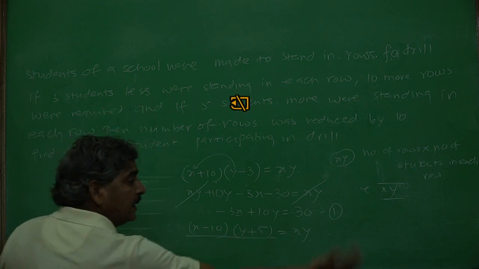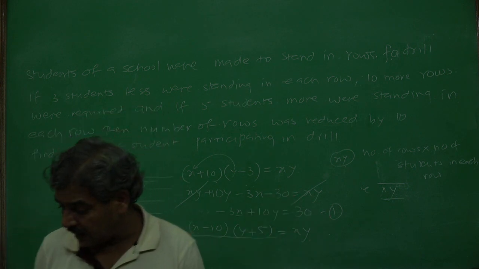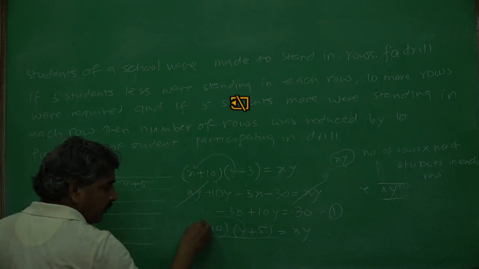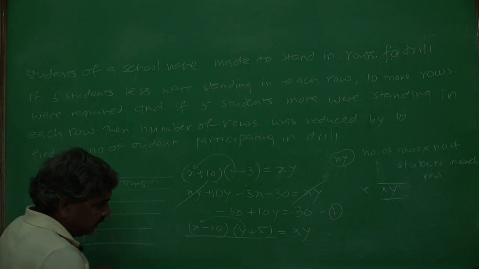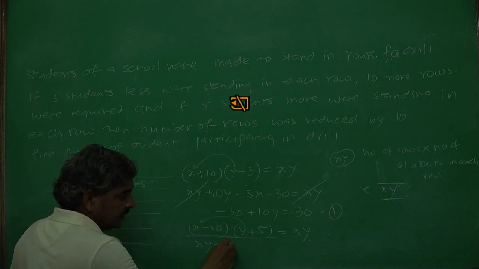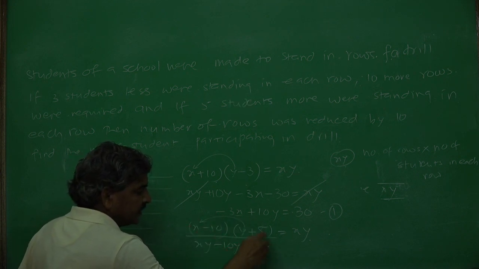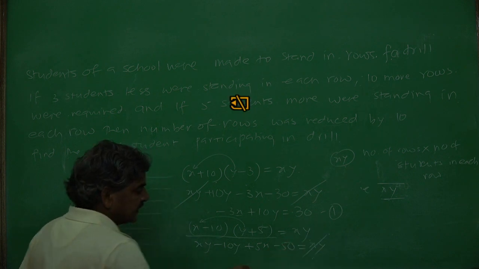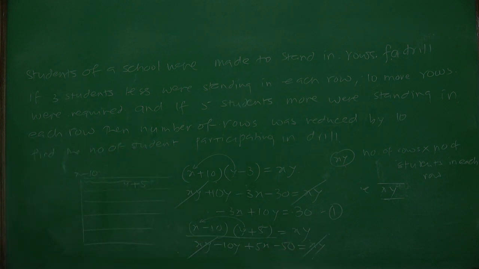Now open the bracket. If I open the bracket, क्या मिलेगा? Multiply by Y to the first bracket: X into Y minus 10Y, multiply by 5: plus 5X, next minus 50, is equal to XY. This XY gets cancelled.